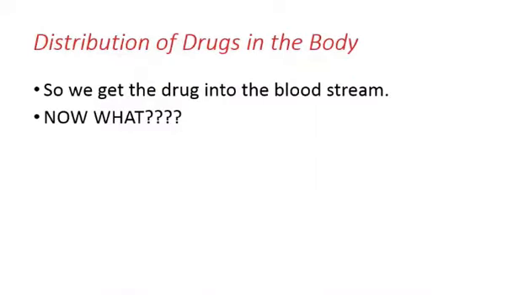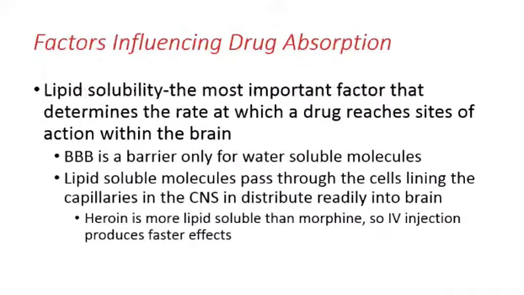So now we get into the bloodstream. Now what happens? At this point we're looking at absorption, and lipid solubility, as I mentioned earlier, is the most important factor that determines how quickly a drug reaches the site of action in the brain, and reflects more its bioavailability.